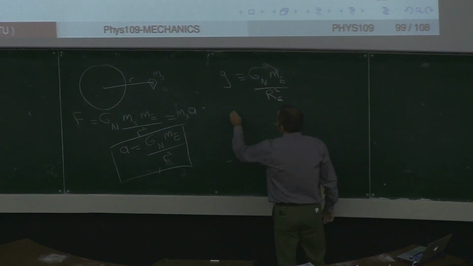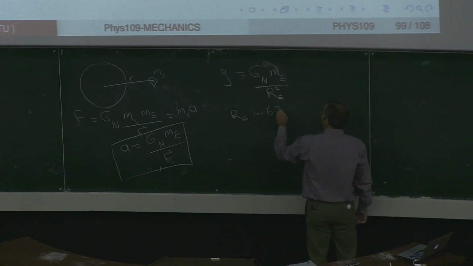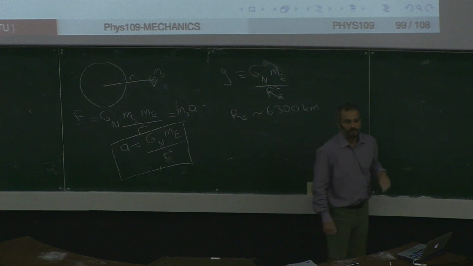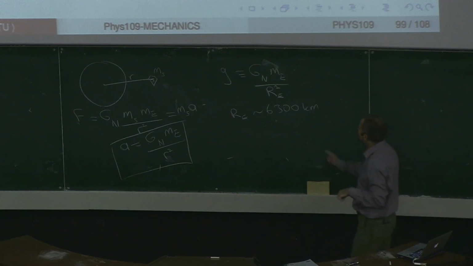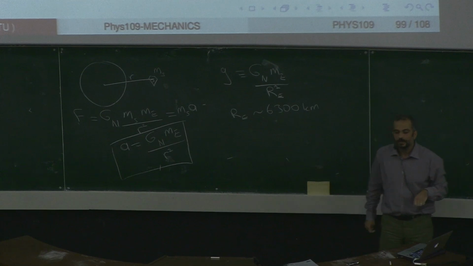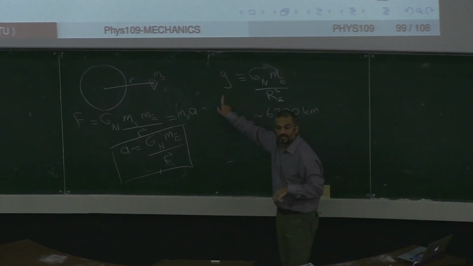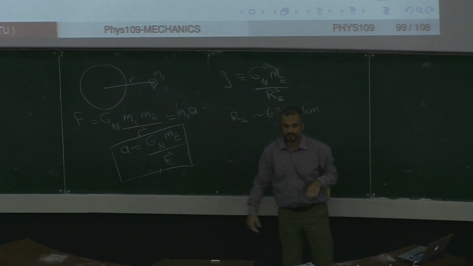Well, the radius of the Earth is more or less around 6,300 kilometers. Intercontinental planes fly at 10 kilometers. Well, 10 kilometers is less than 1% of this distance. So if you are flying at 10 kilometers, the gravitational acceleration you will feel will differ from this number by less than 1%.